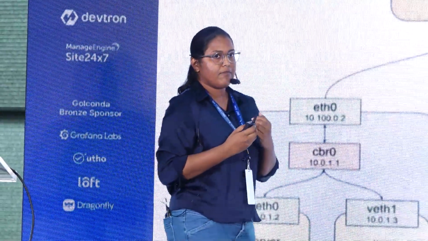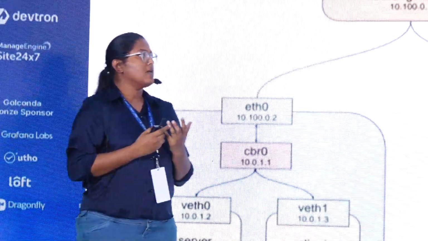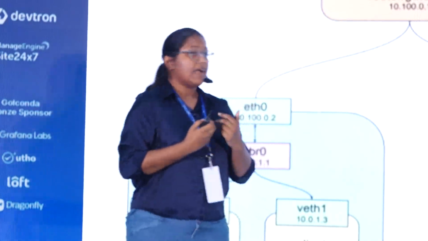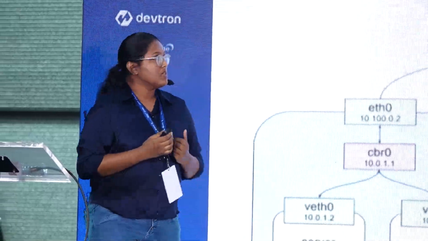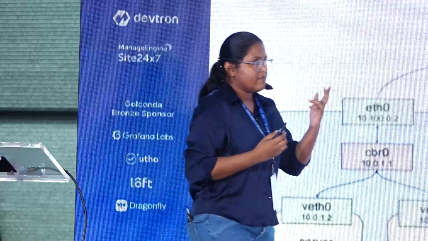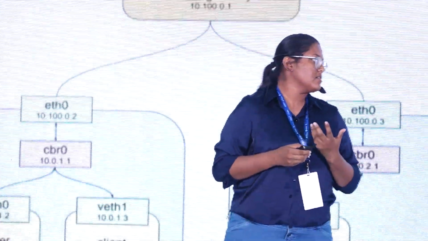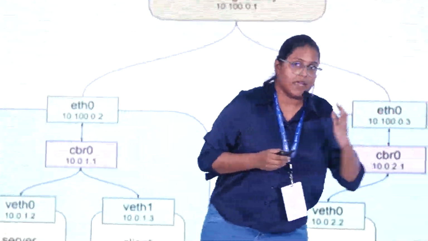There are 4 main operations done by CNIs: add, delete, version, and check. Add operation is done when a new pod is created. So when a new pod is created, as I said before, it allocates an IP address for the pod, and also it creates a virtual Ethernet pair.